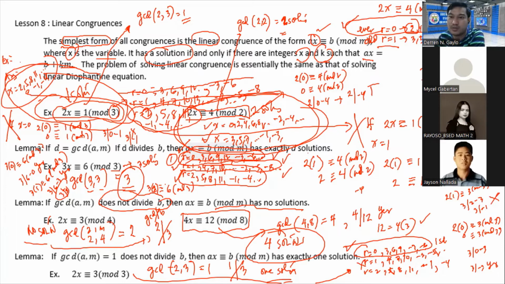How about si 2? 2 times 2 congruent 3 modulo 3. So you have here, will 3 divide 4 minus 3? Okay, 3 man ni, kani 4 man ni. So 3 divide positive 1? No, correct.